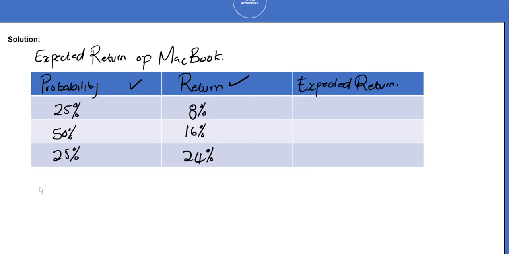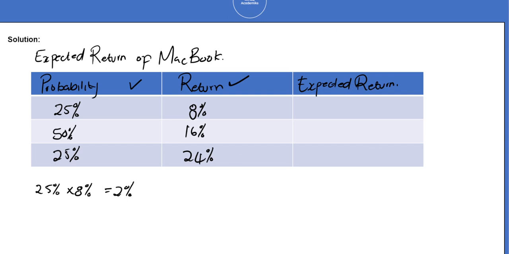So the first one, you'll simply say 25% times 8%, right? And then I'm not sure if you guys have calculators, but it's fine if you don't have. You'll probably have it next time. So this will give us 2%. All right. So do we have anyone that does not know how to convert, so that I can show the calculator on the screen?